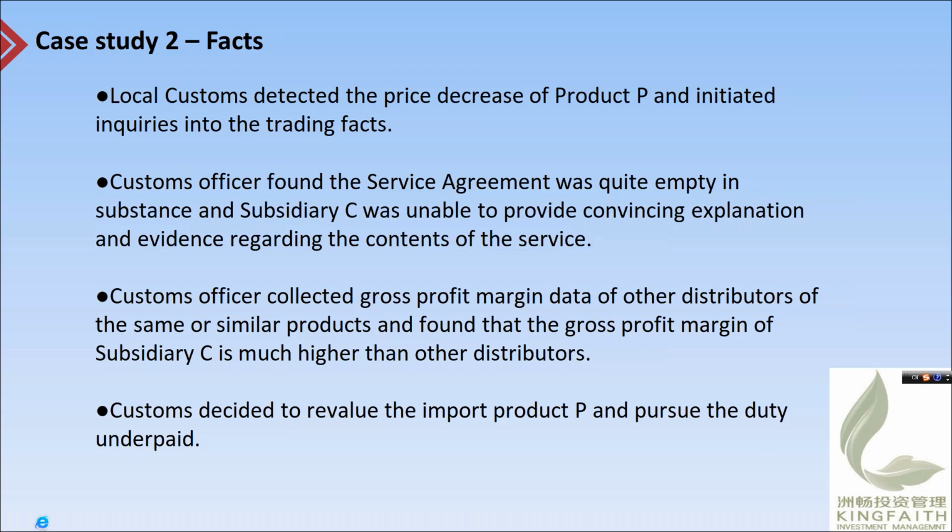So this is the basic knowledge that a multinational company has to have when they are faced with customs inquiries or audits. Otherwise, like in case study 2, the enterprise would not understand why customs challenged their TP arrangement.